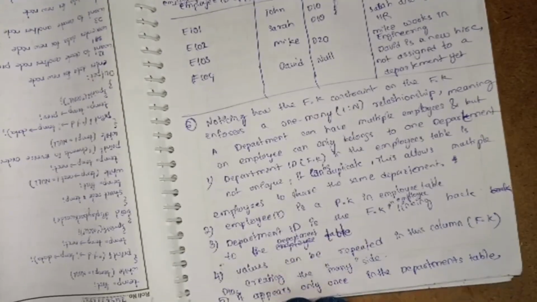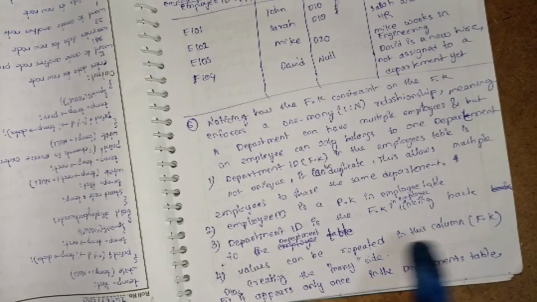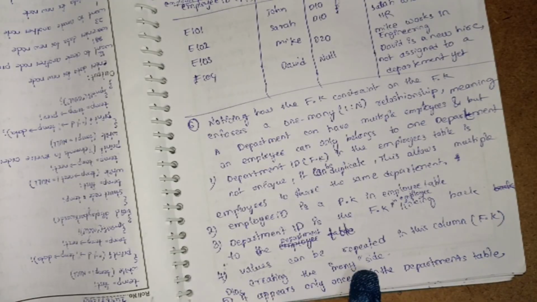Values can be repeated in this column for the foreign key, creating the many side.